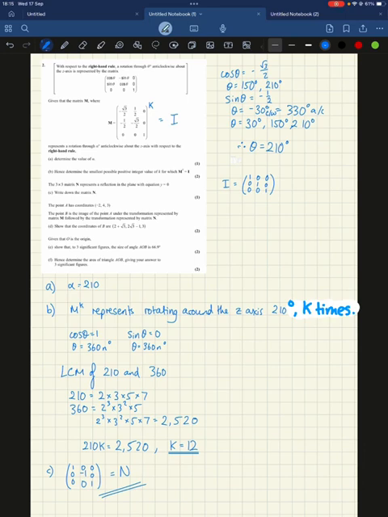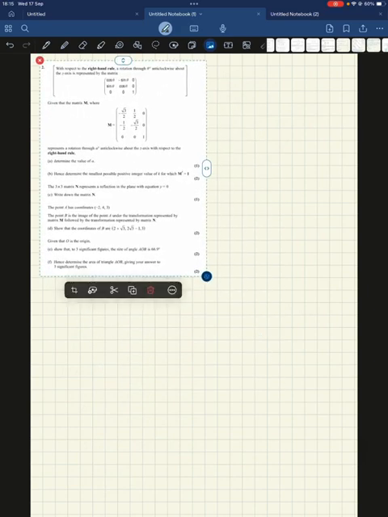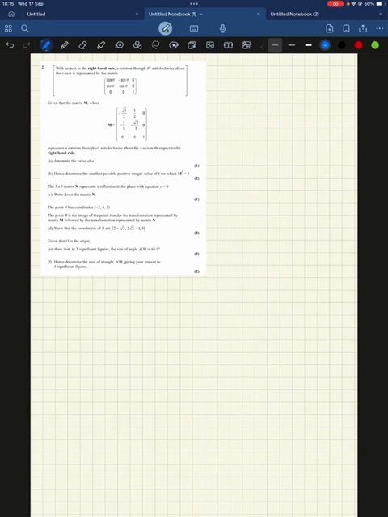Okay, and part D, I might just do it on the next page. Let me copy this. Okay, so part D. The point A has coordinates minus 2, 4, 3. The point B is the image of point A under the transformation represented by M followed by N. Okay, right.